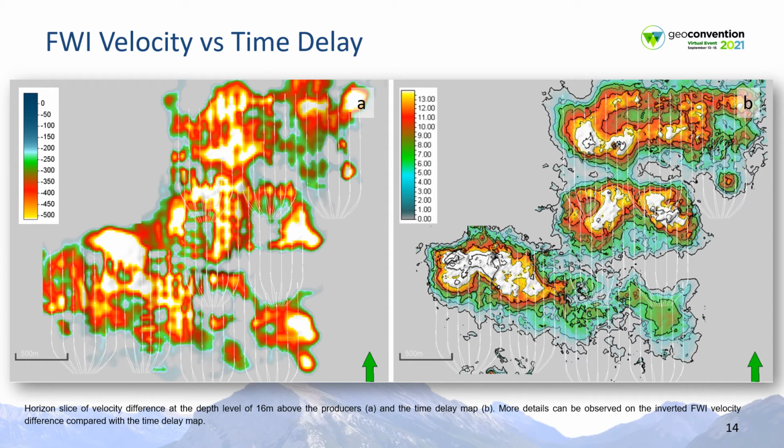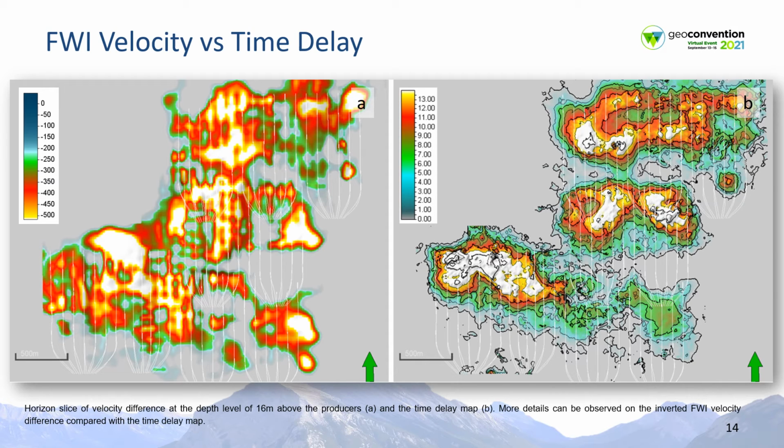Here we are comparing a horizon slice from the FWI velocity volume against the time delay observed on a horizon below the steam chambers. On the left is the horizon slice of velocity difference at an approximate elevation 16 meters above the producer wells.